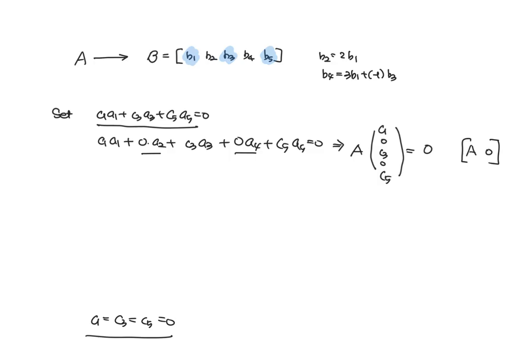When you perform the sequence of elementary row operations on this matrix, the coefficient matrix A will be transformed to the B matrix, because B is the reduced row echelon form.